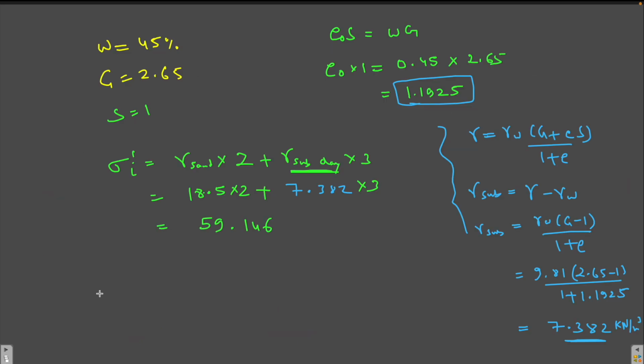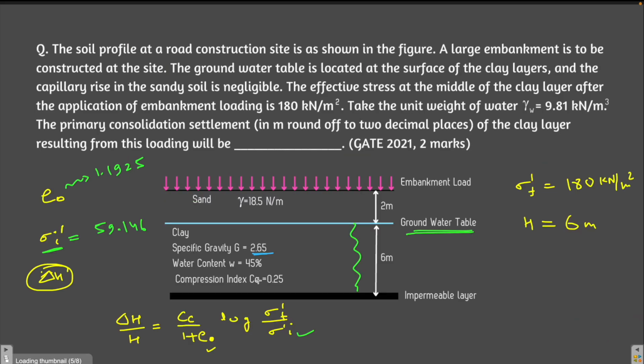Let's do that. So delta H is equals to Cc by 1 plus E naught into H into log base 10 sigma dashed final by sigma dashed initial. So what is the value of Cc? Cc is given to you. Compression index is given to you, 0.25.